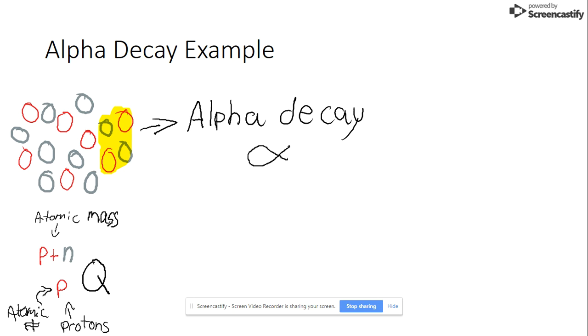For example, element Q is a made up element, P represents protons and N represents neutrons. At the top, we have atomic mass that is protons plus neutrons, and at the bottom, we just have protons, which is the atomic number.